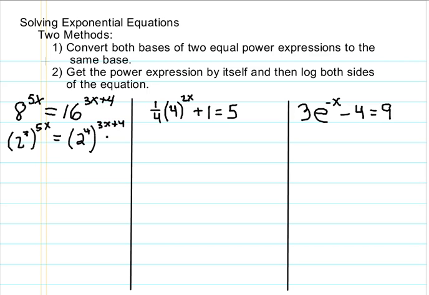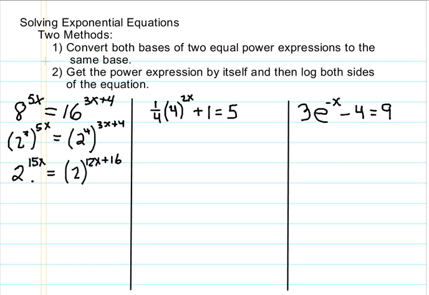Now, to simplify that, we use our exponent properties, and we have a power to a power. We multiply the exponents. So on the left we have 15x, and on the right we have 4 times 3x, which is 12x, and we also have to distribute, so we have 4 times 4, which is 16.